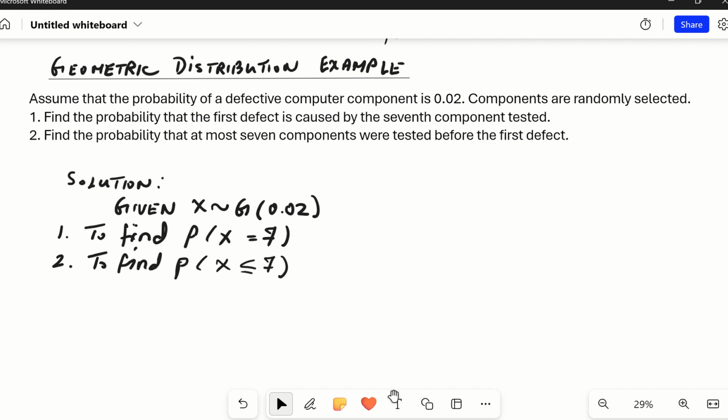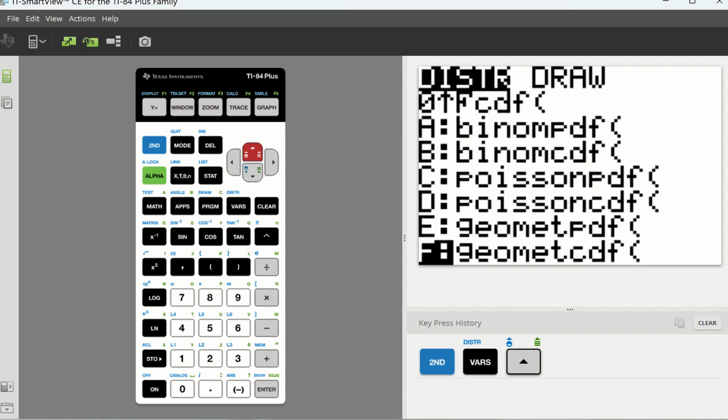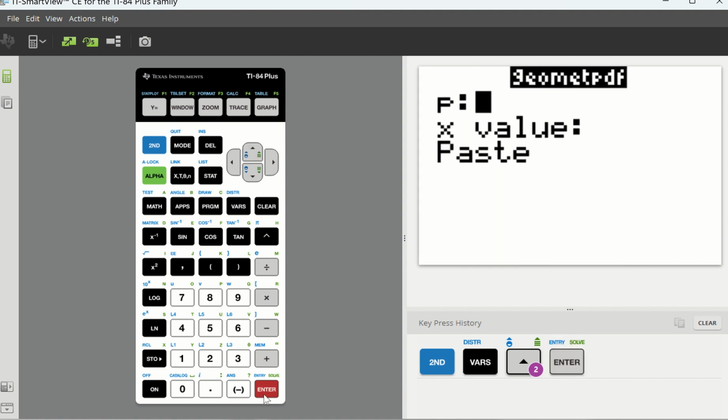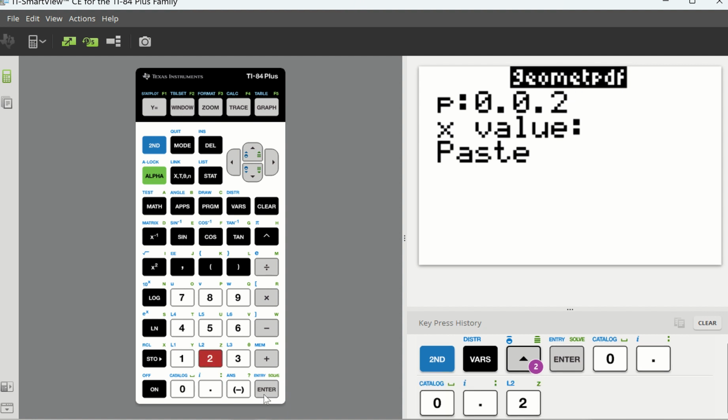Let's go to the calculator. We are already at the geometric function screen. It's an exact value, so we need to select PDF. Scroll up, hit enter, and it's pretty straightforward. Type in the probability, 0.02, and the x value was 7.